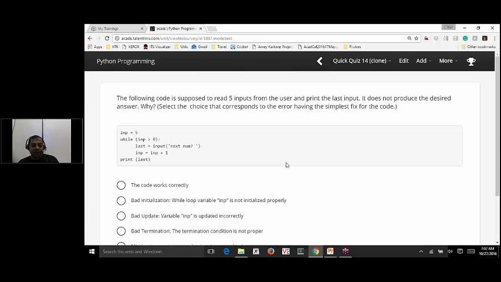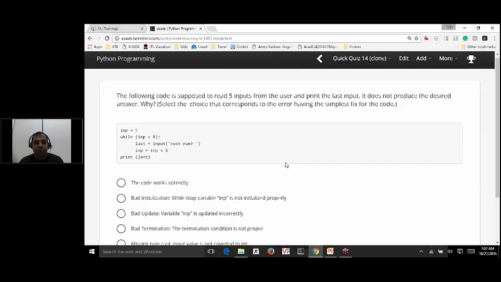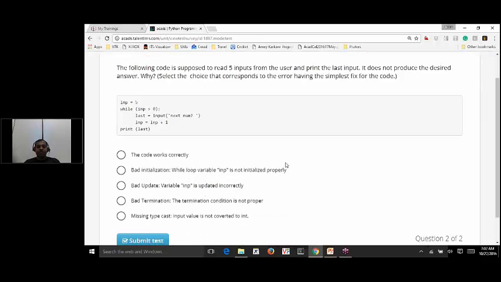So the second question is, you have to read 5 inputs from the user and print the last input. However, this particular code does not produce the desired result. So you have to find the best choice which has the simplest fix for this code.